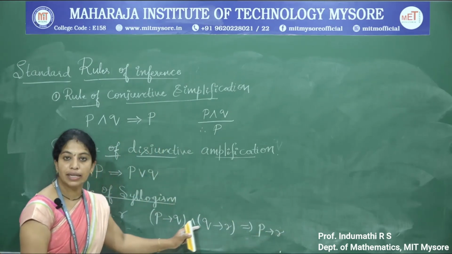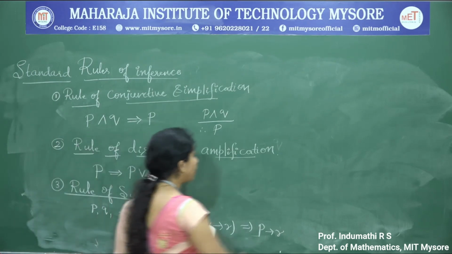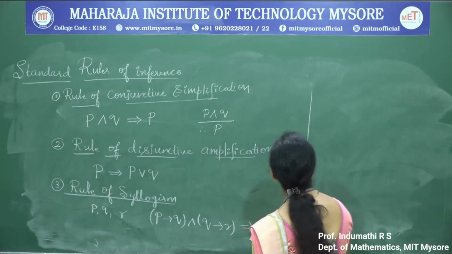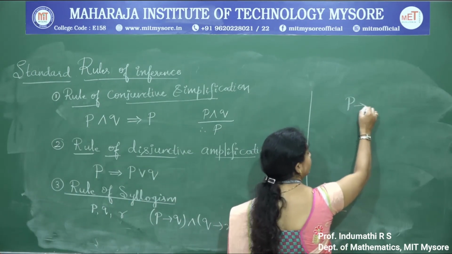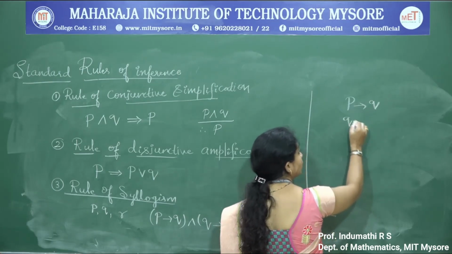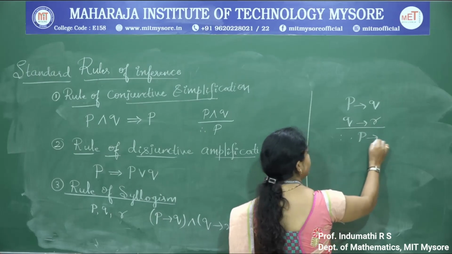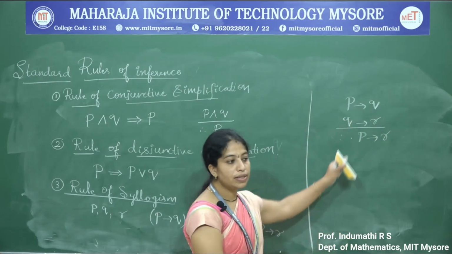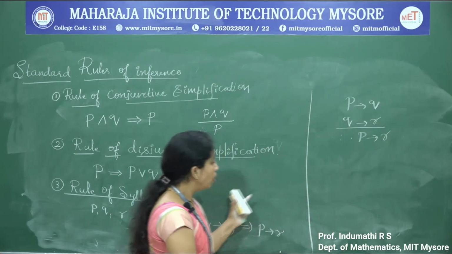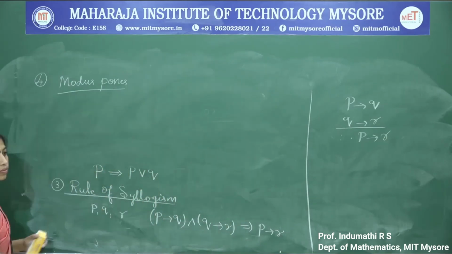Now the tabular representation for the rule of syllogism is: P conditional Q is true, Q conditional R is true, therefore P conditional R is true.